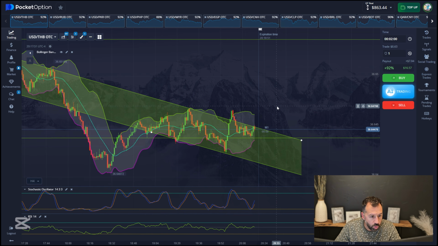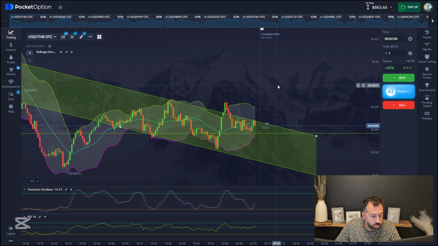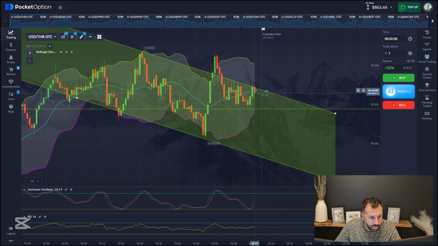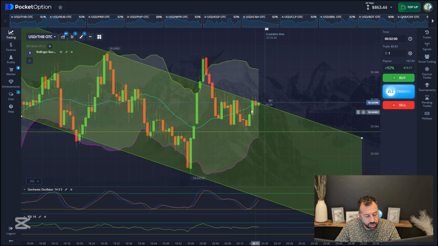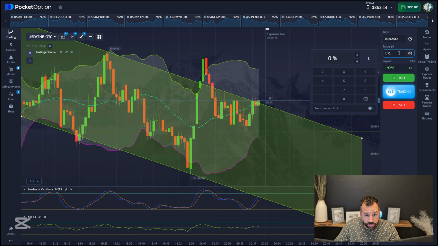What we are looking for is this downward trend, and we are looking for this bearish candle right here to start dropping. Once we see this bearish candle make a flip, this is going to turn around. If we can get this to turn around and head down, then we are going to jump in for a 2-minute buy. And I'm going to change this to 0.5%.